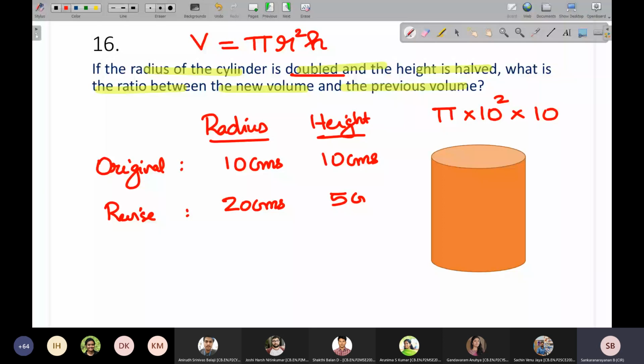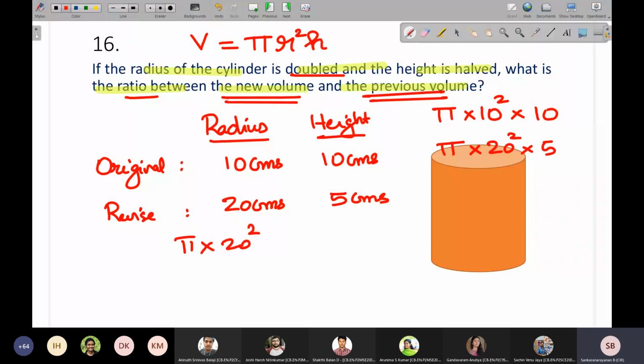Be careful here, you are asked to find the ratio between the revised volume, the new volume, and the previous volume. So you are asked to find the ratio: pi into 20 square into 5 divided by pi into 10 square into 10.